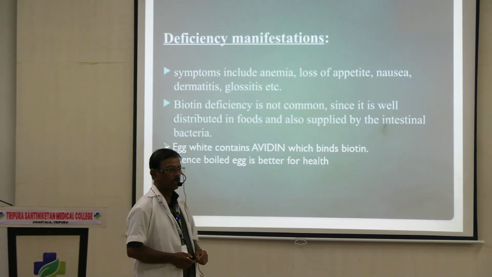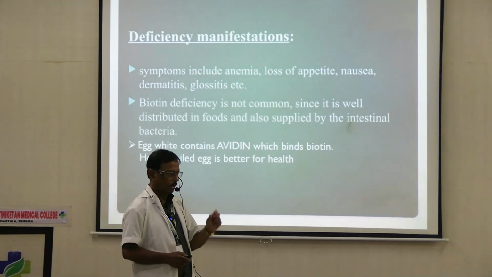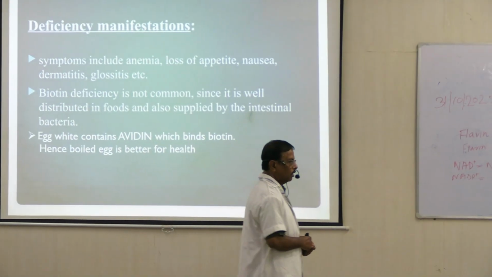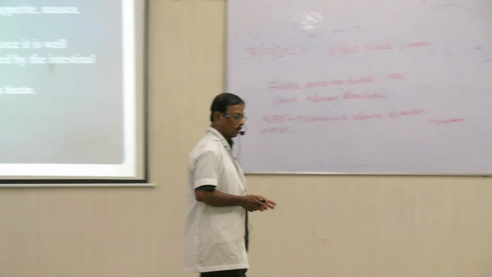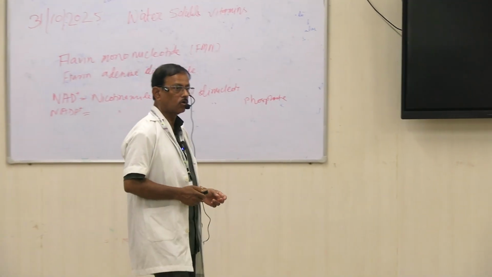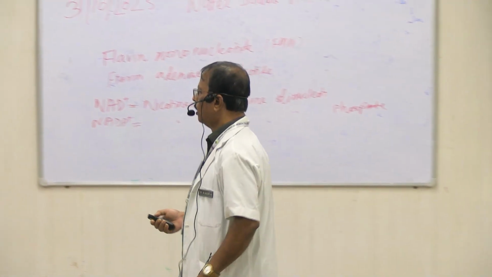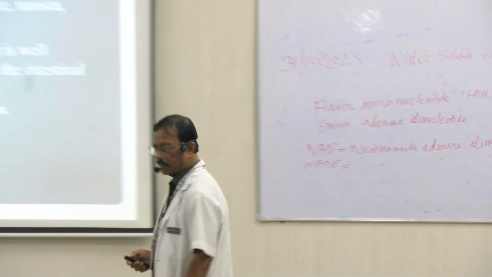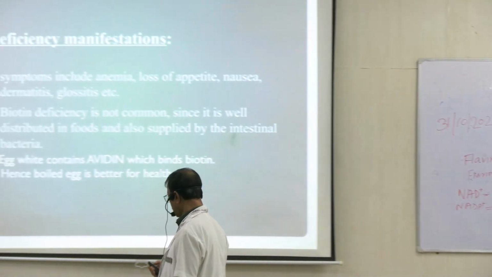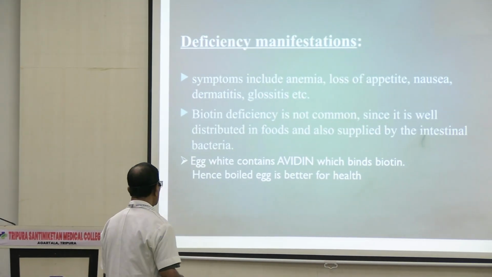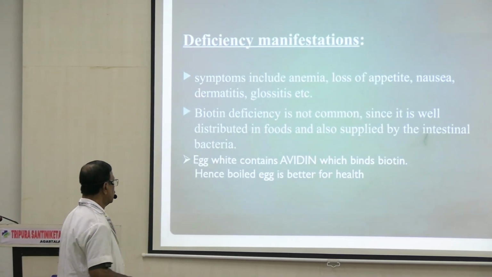Biotin is present in egg yolk, and one glycoprotein called avidin is present in the egg white, and this avidin has antibiotic activity.